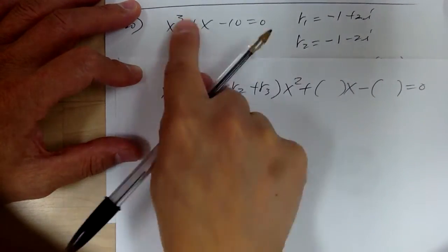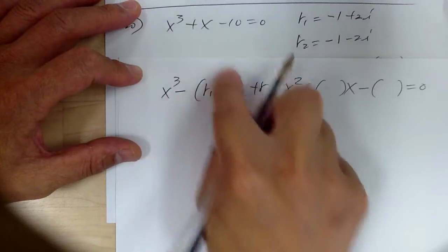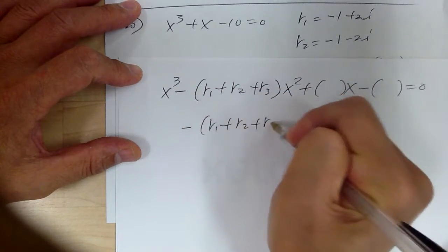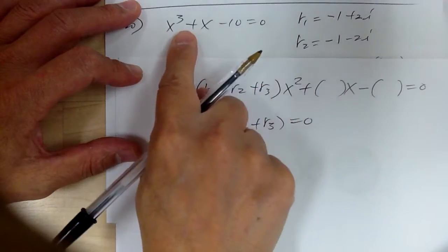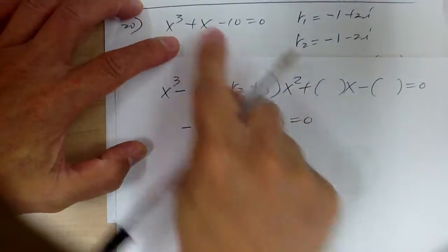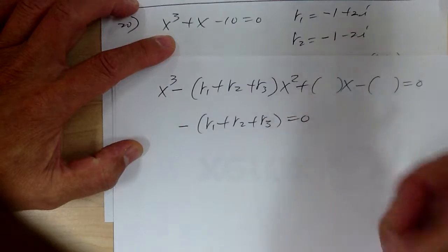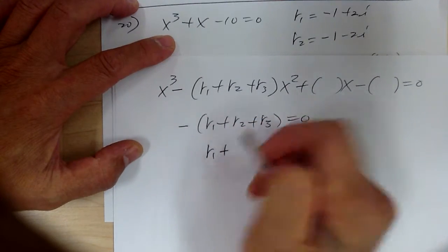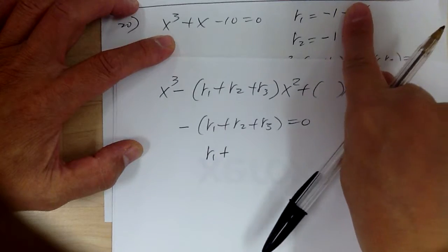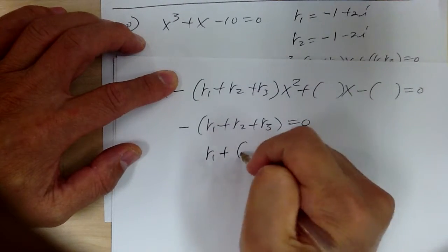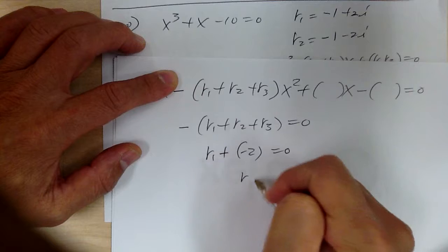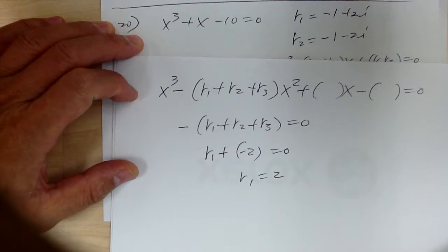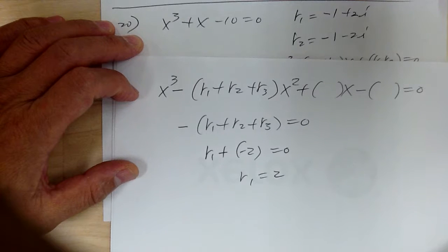If you match these things up, you can see negative (R1 plus R2 plus R3) equals 0, because the x squared coefficient is 0. So times by negative 1, R1 plus, when you add this together, it becomes negative 2. So R3 equals 2. Voila.